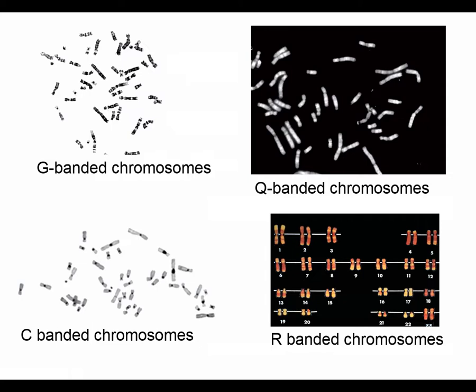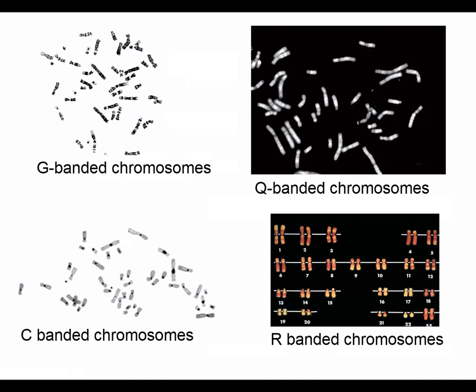So there's different types of stains you can use that will stain different things, and mostly what we're going to see is G-banding of chromosomes, because that's kind of the classic, one of the earlier stains that was used, but just be aware there's other kinds of stains. You can stain the chromosomes, and then you can measure them.